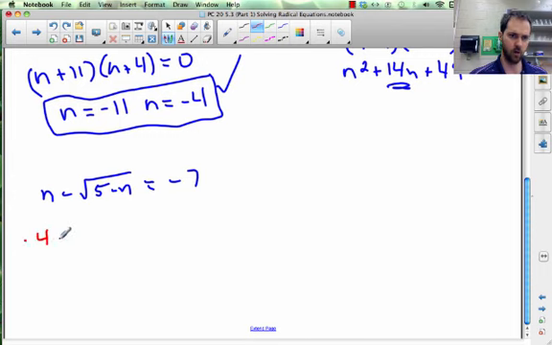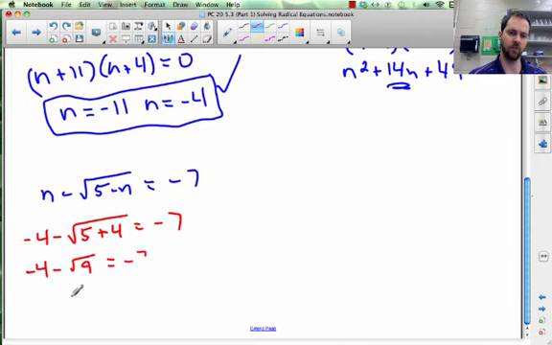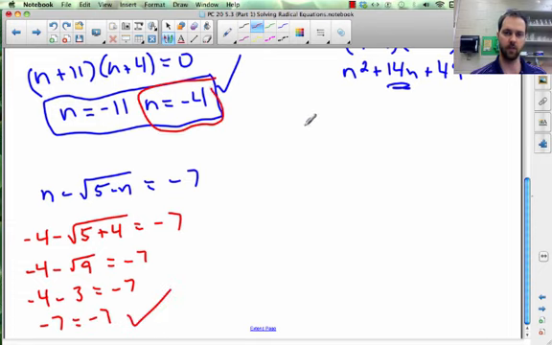Negative 4 minus the root of 5 minus negative 4, which is plus 4, equals negative 7. Negative 4 minus root 9 equals negative 7. Negative 4 minus 3 equals negative 7. Negative 7 equals negative 7. That one's perfect. Negative 4 definitely works.